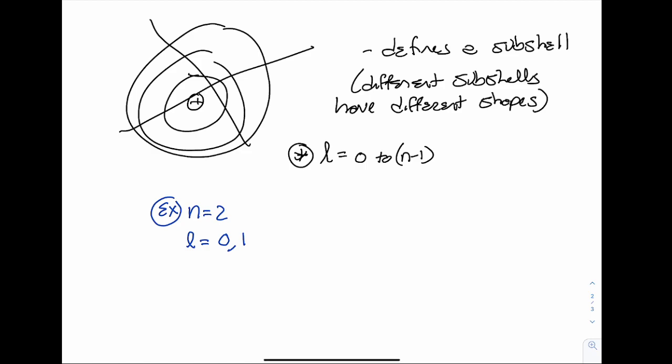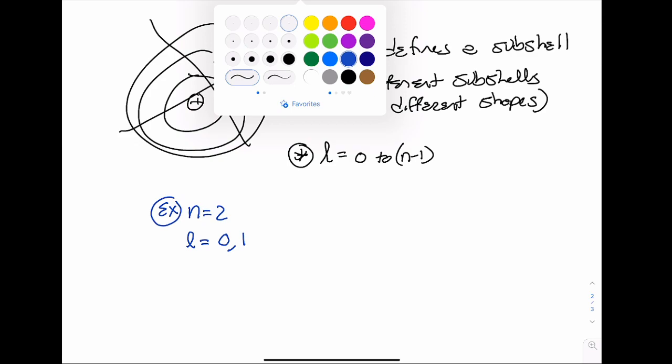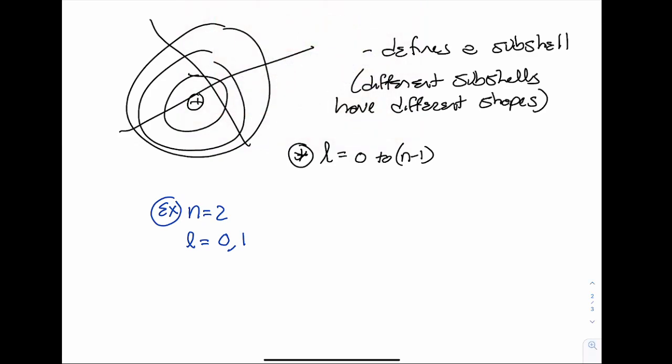So that tells me that in my second shell, n equal to 2, I have two subshells because I have two values for l. Each of those subshells has a different shape. So in my second energy level, I have two different shapes for my orbitals.